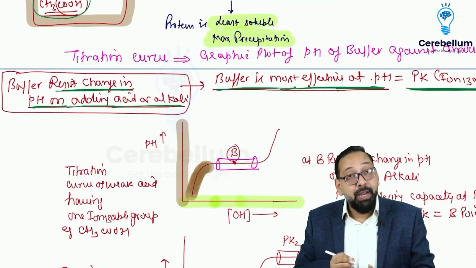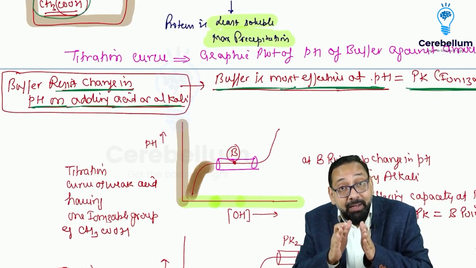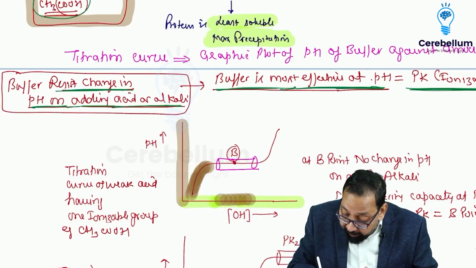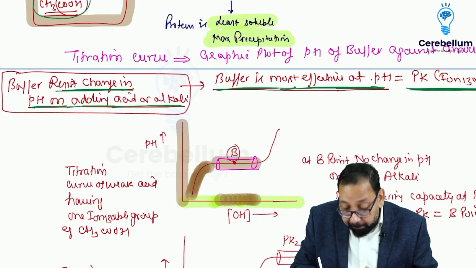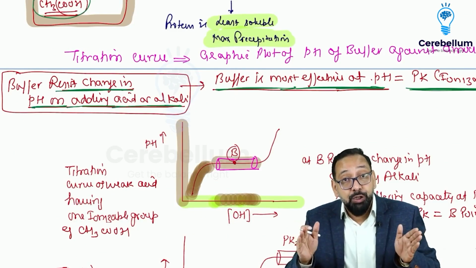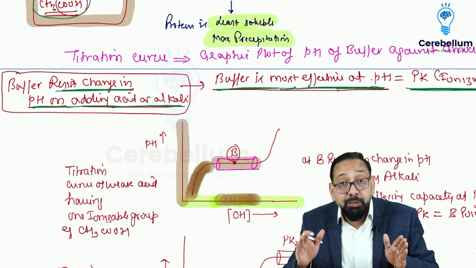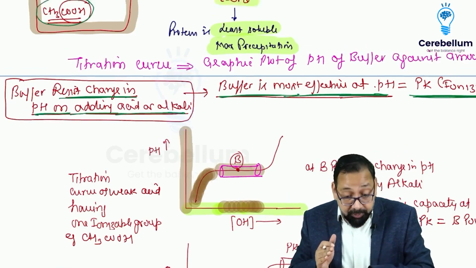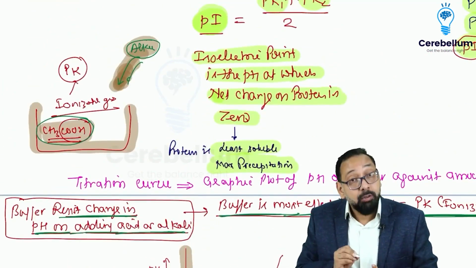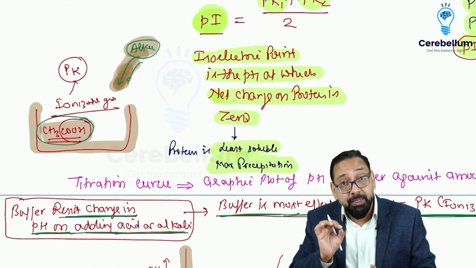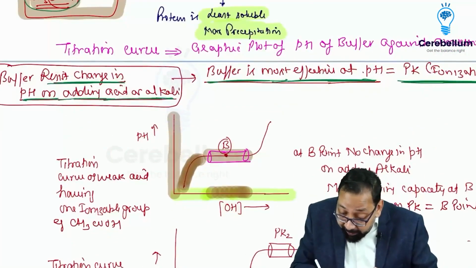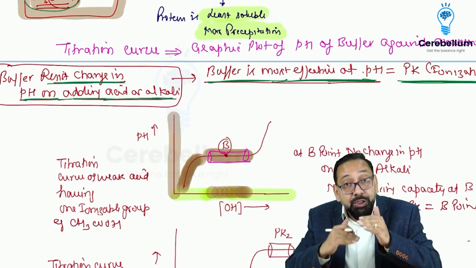But at a particular point, if you add further alkali, the pH is not changing. This is the buffering capacity of this carboxylic group. Acetic acid has a buffering capacity, meaning it resists the change in pH. So at this point, there is no change in pH.